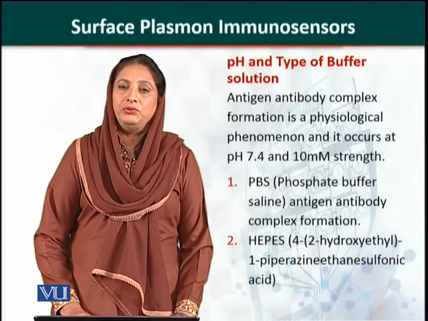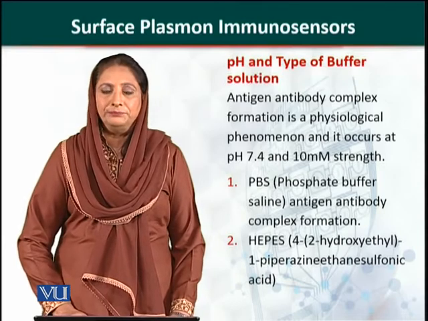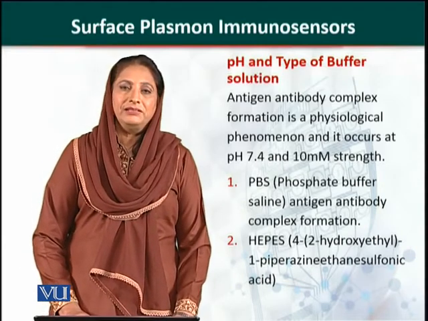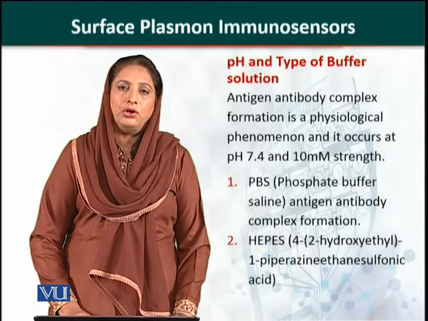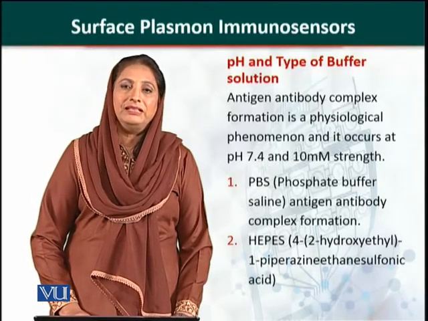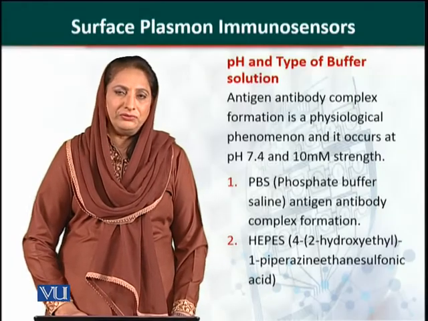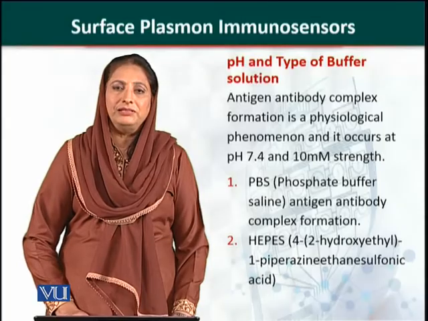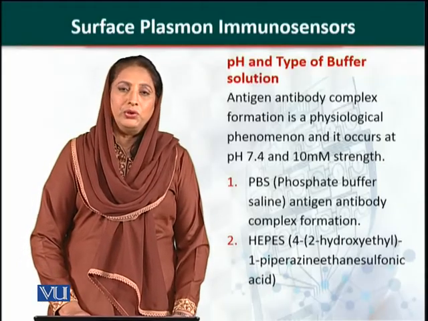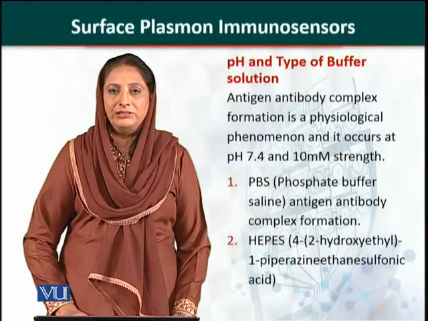During the biorecognition process, we use the physiological conditions. Physiological pH is 7.4, so we use the buffer that has a pH of 7.4 with a strength of 10 millimole concentration. There are two types of buffer systems which could be easily used that do not interfere with the biorecognition process.